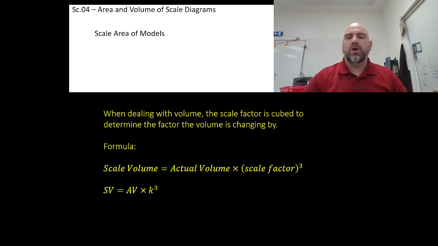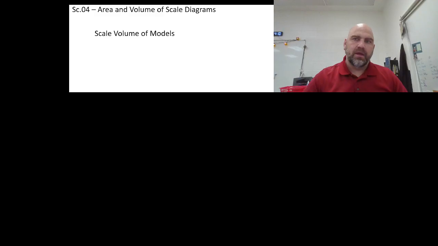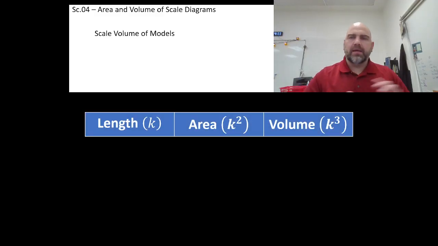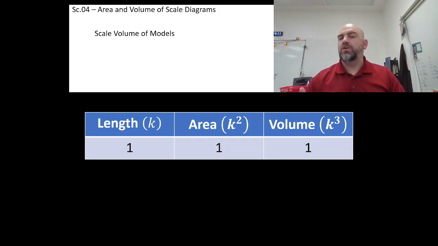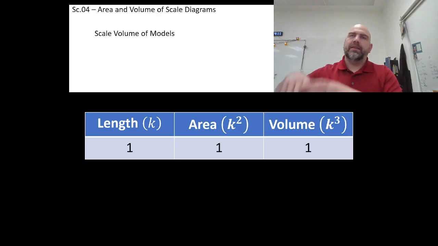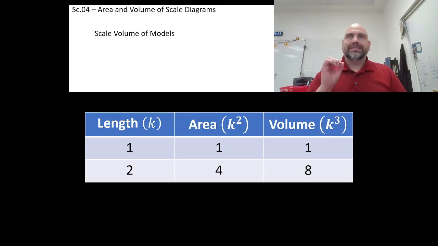So now we've got to cube our k value. What does this look like? I'm going to bring back the area in there as well because we've talked about that in a previous lesson. When our k value is 1, k squared is 1 and k cubed is 1. In other words, when we have the original shape, it's got the original area and the original volume. When we double the size of the lengths, we have 4 times the area and 8 times the volume.